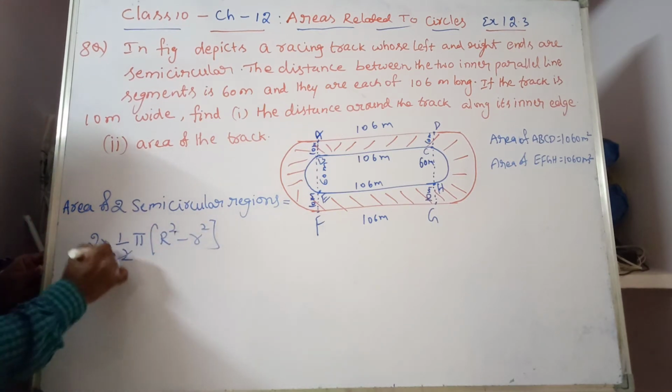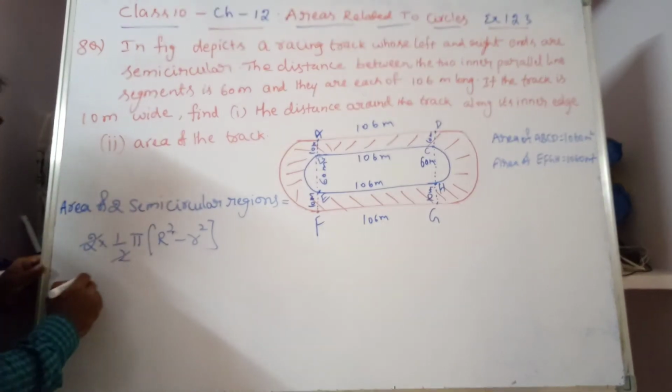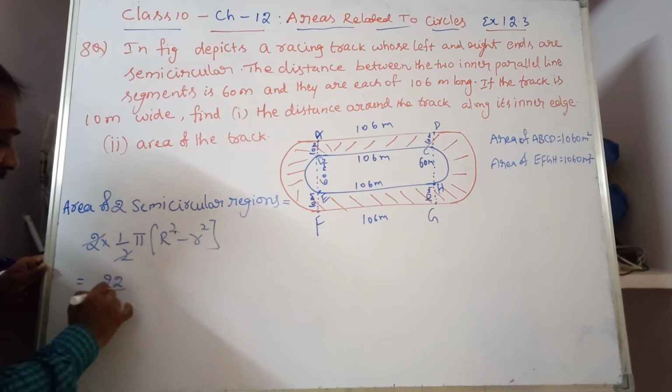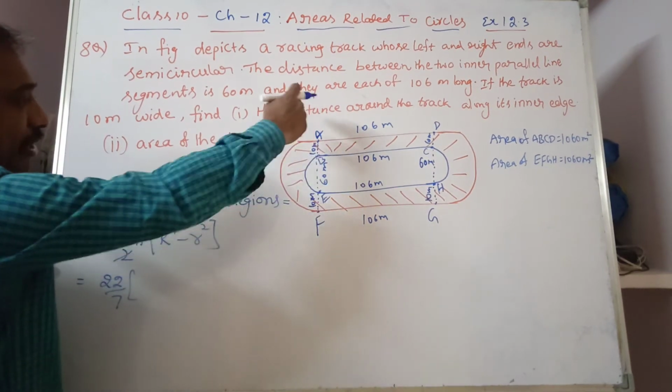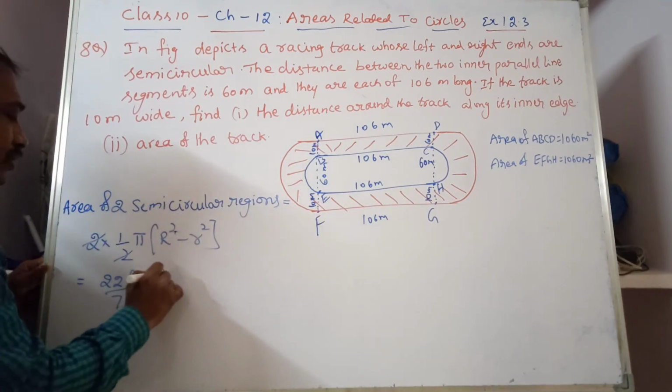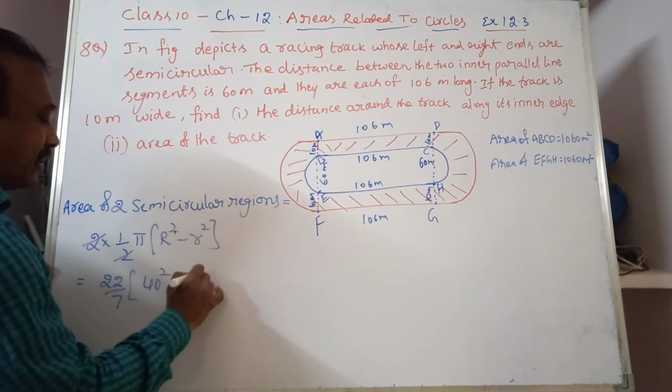Observe, the 2 gets cancelled here. So we have only 22 by 7 into capital R, the radius of the outer one, which we took as 40 square, minus the inner one, 30 square.